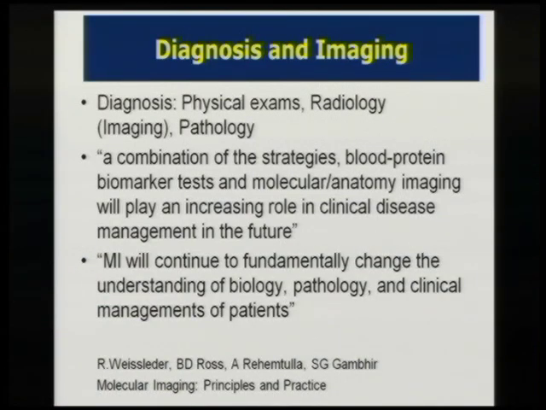There can be an argument, for example, molecular imaging versus pathology, that people can say blood tests, the in vitro assay, have an advantage in that they can be highly multiplexed and assay thousands of biomarkers simultaneously.